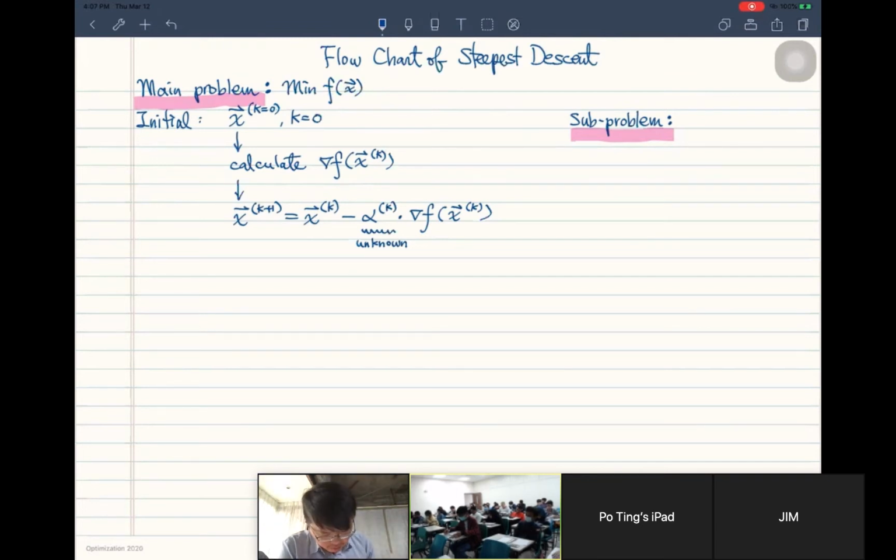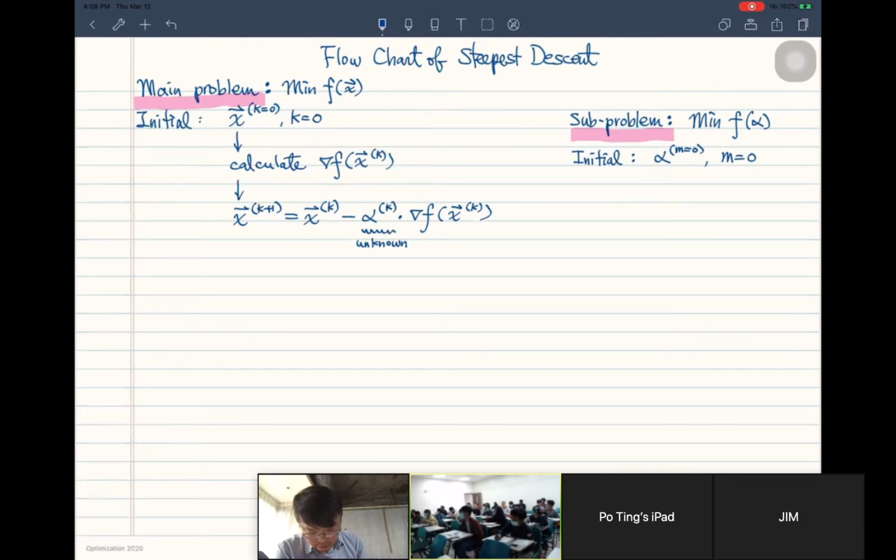And in the sub-problem, we are also minimizing f, but the variable is only alpha. Initially, we will also have an initial guess, alpha n equals 0, and n is 0 at this point. So how do you get alpha n equals 0? It's up to you. You can just guess, because you don't know what the solution is.